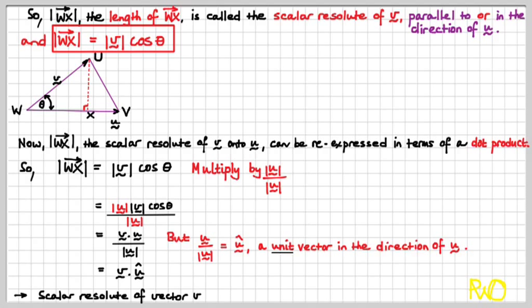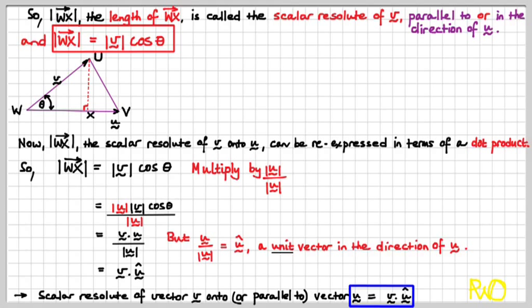There's the first definition I need you to know, understand and learn. The scalar resolute of vector V onto or parallel to vector U is equal to V dot U hat. Now, if you forget which one gets the hat, go back to basic trigonometry. Draw the triangle. You want V cos theta, don't you?